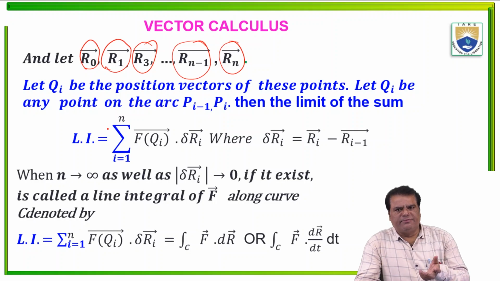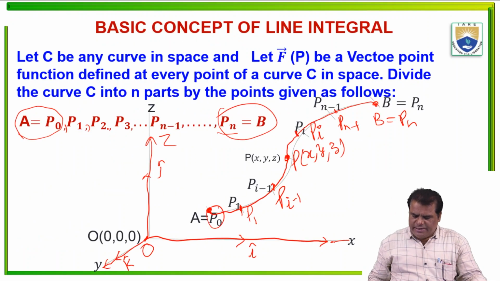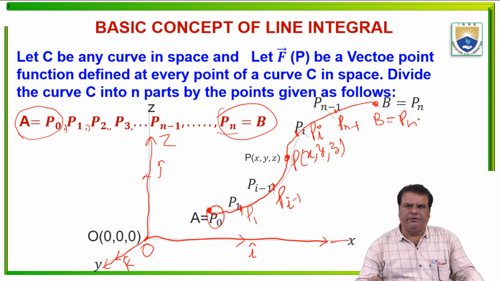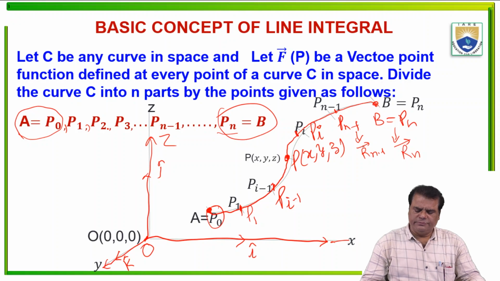Similarly, Rn minus 1 vector is the value of the function at point Pn minus 1, and Rn vector is the value of the function given at point Pn. Here P0 gives R naught vector and P1 gives R1 vector.